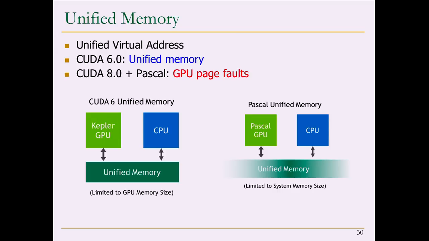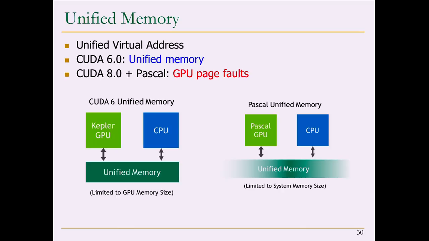This means that the GPU can produce page faults. It is possible to allocate as much memory as we need, and in case the GPU is trying to access something that is not actually stored on the GPU memory, a page fault is produced.